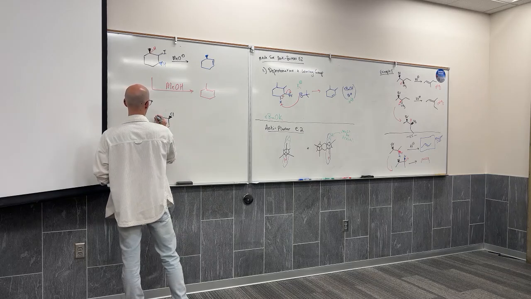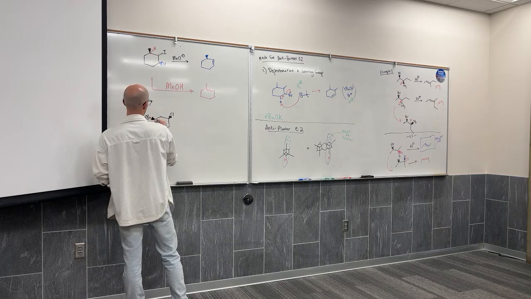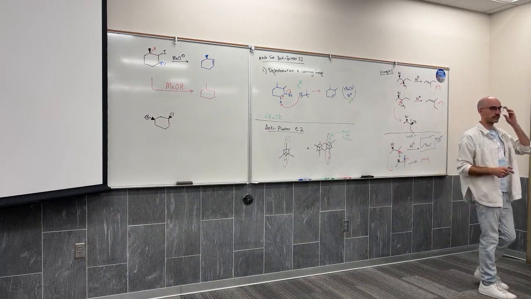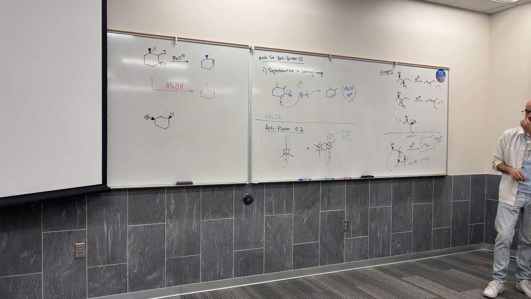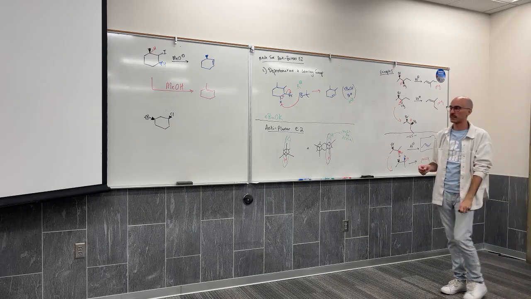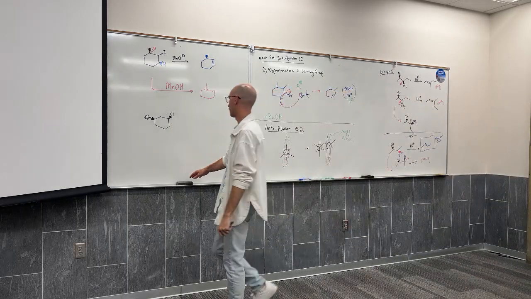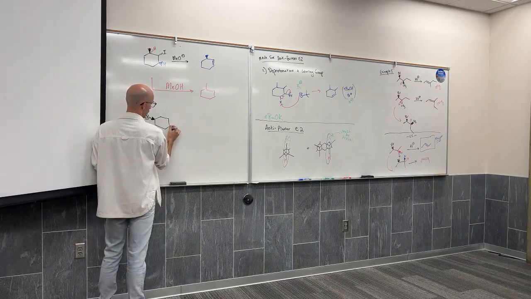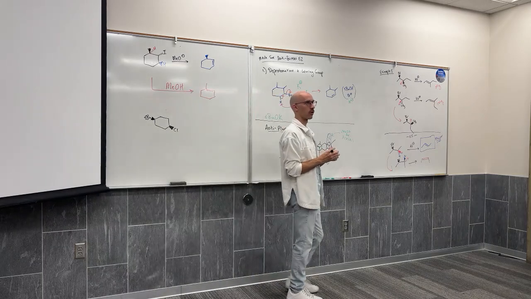All right, I want to look at this example. I want to bring us back to some of our chair conformation days. I'm sorry, I'm going to make a slight modification here. I'm going to make these 1,4 to each other. 1 tert-butyl, 4 chloro.